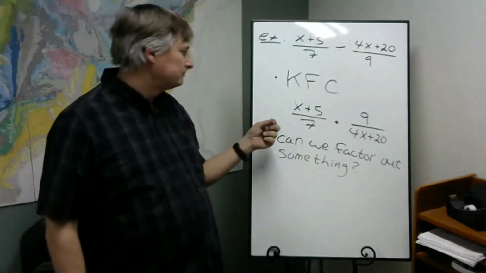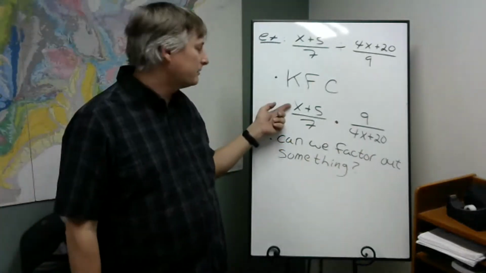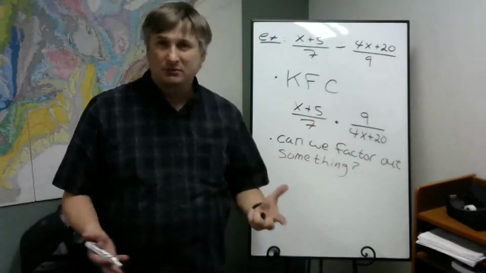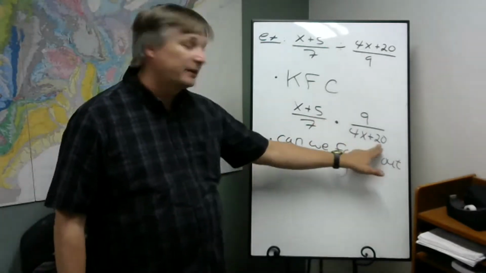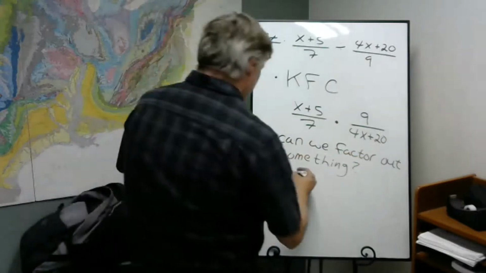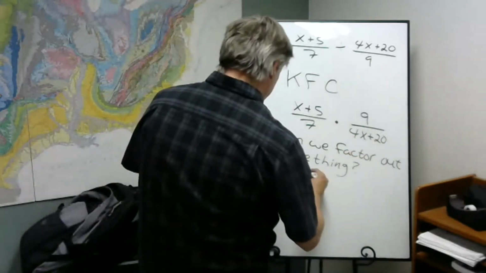Now, there's nothing here we can factor out. 7 and 9 are just numbers, but we could factor out a 4 here and here. So we're going to get this.